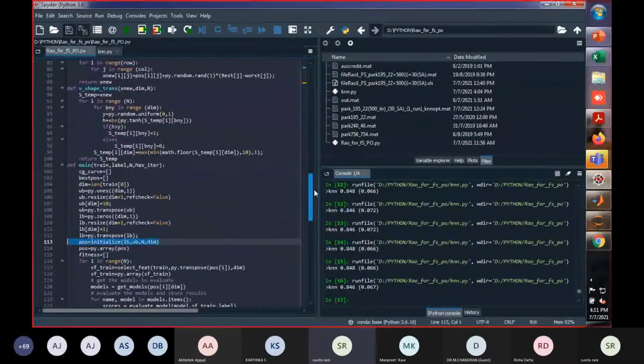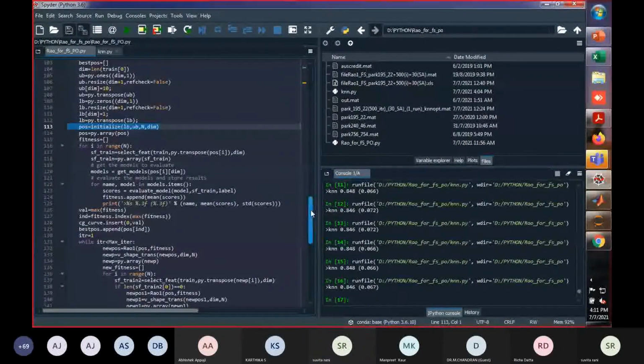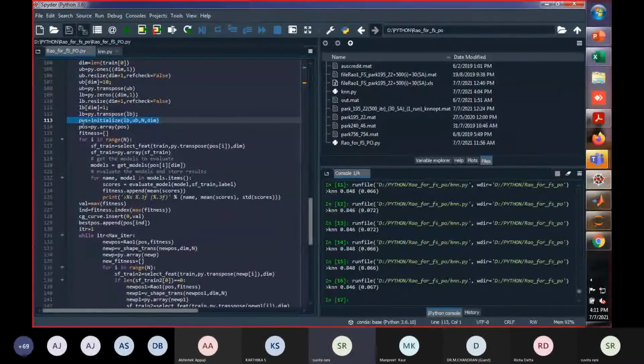The next thing, now we have to calculate based on those positions. Basically, a position describes the subset of features, and every position has a different number of subsets. So we have to select those features from the training data set. So we have prepared a function called select features. In select features, a particular number of features are selected based on the position.